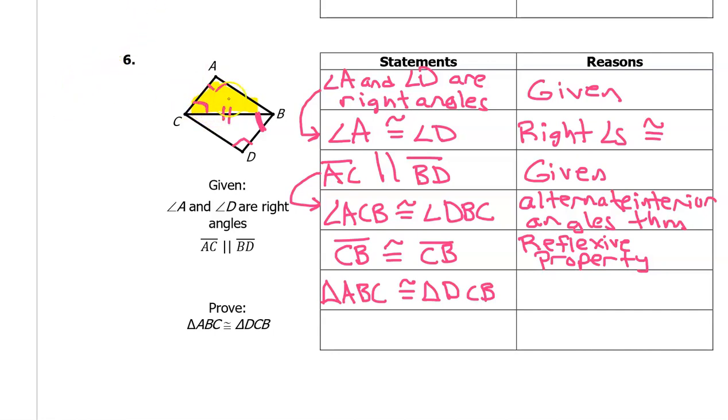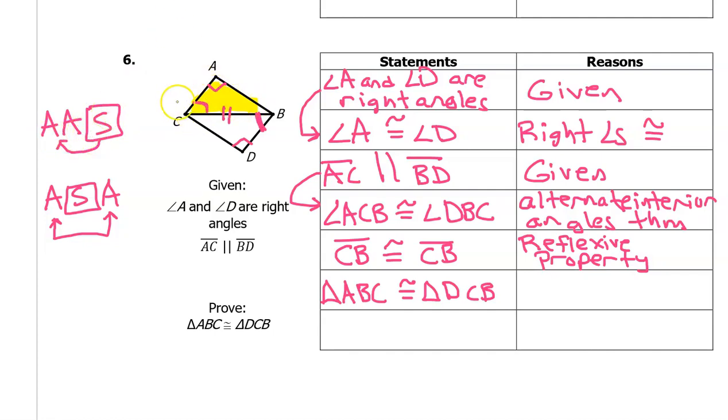Viewing this as a regular triangle, I see that we have two angles and a side. So it's either angle, angle, side, or it could be angle, side, angle, which also involves two angles and a side. It will be angle, side, angle only if the side is between the two angles. If the side is not between the two angles, that's when it is angle, angle, side.